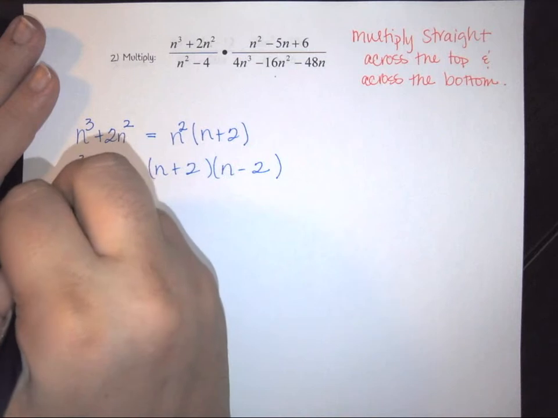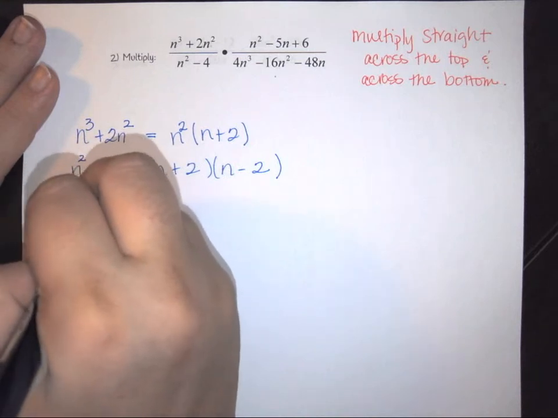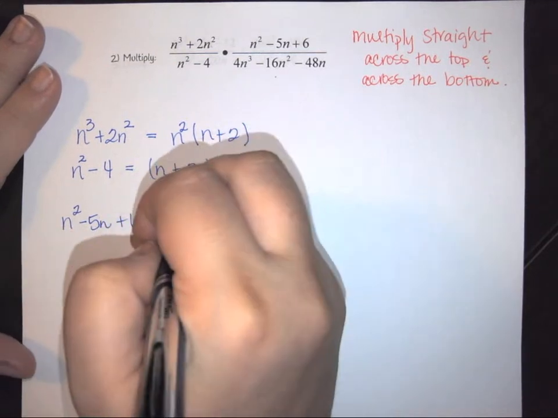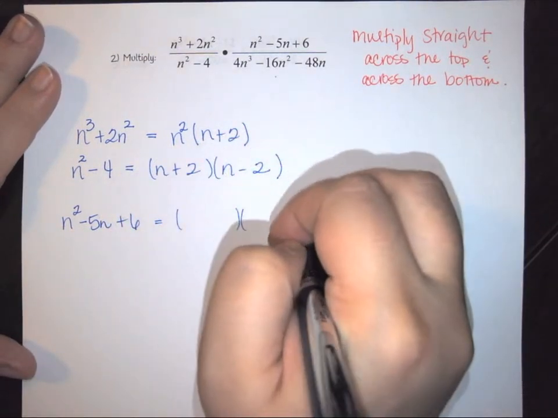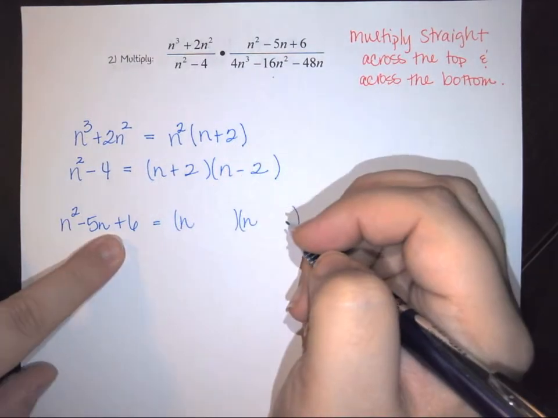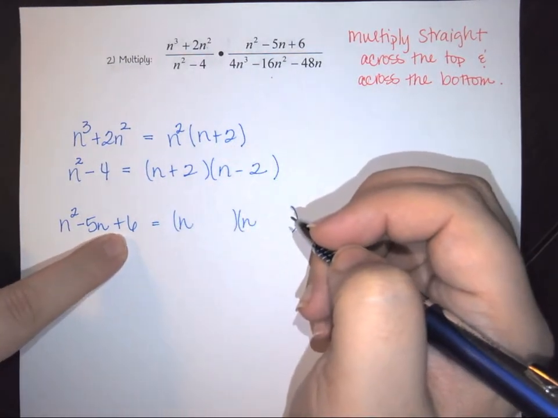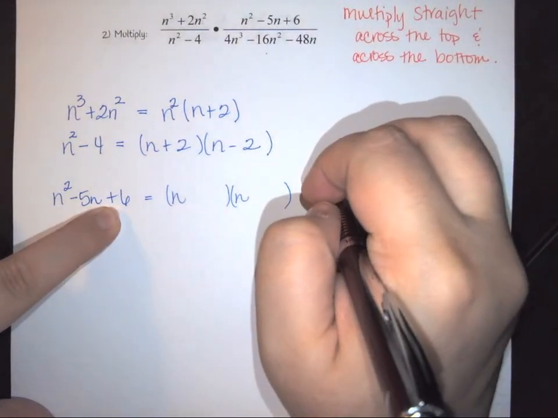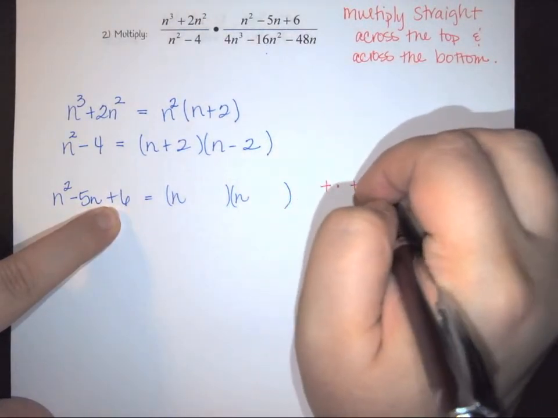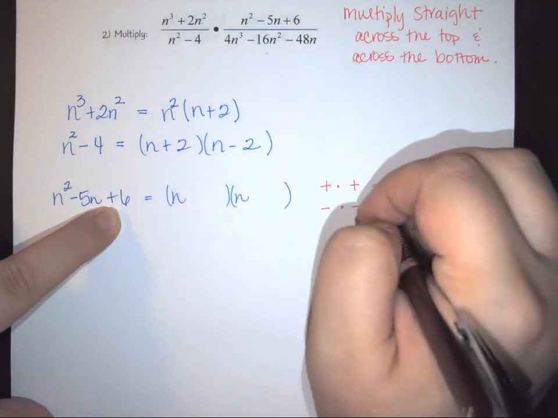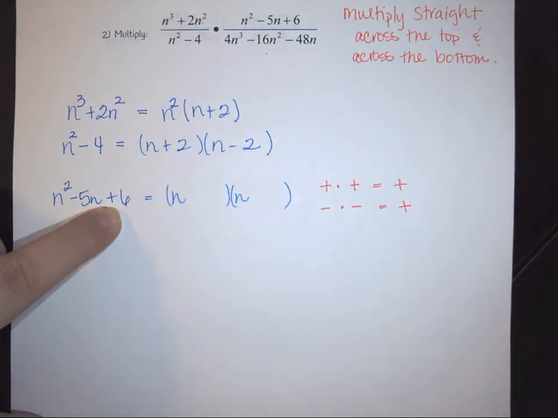I also have n squared minus 5n plus 6. Again, I need to factor this into its pieces. N breaks to n and n. My back term here is positive, so that means I have 2 possibilities. Positive times positive, which gives you a positive result, and negative times negative, which gives you a positive result.